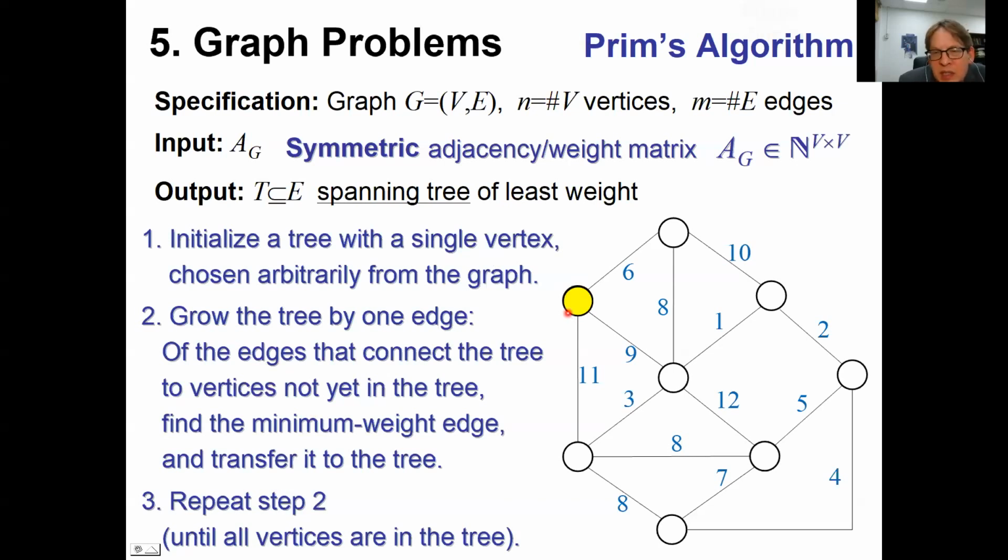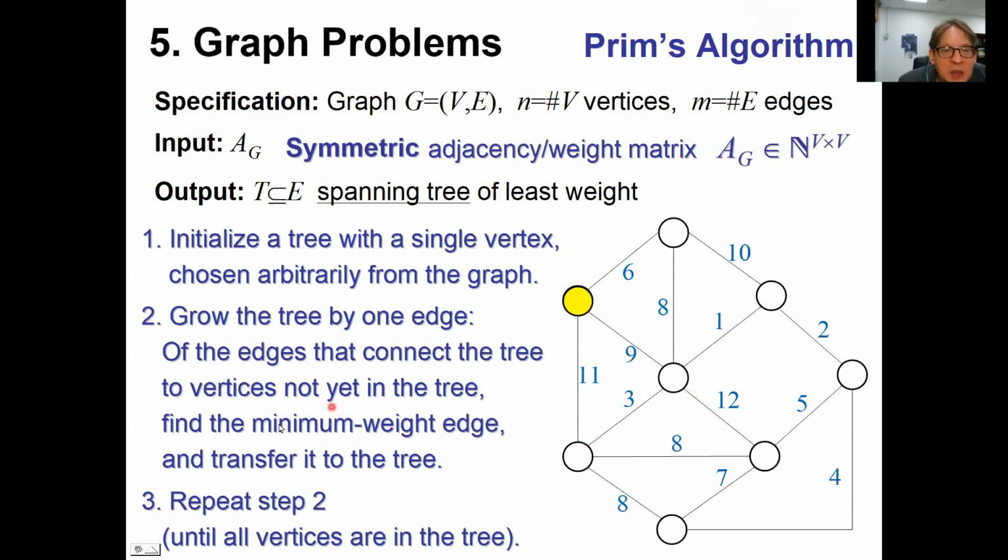Which edges satisfy that property? This edge does, this edge does, and this edge. These are the neighbors of the tree. Well, in this case, the neighbors of the vertex, but that's just the initial tree. In general, we consider the edges that connect the tree to its neighbors, and these are these three edges.